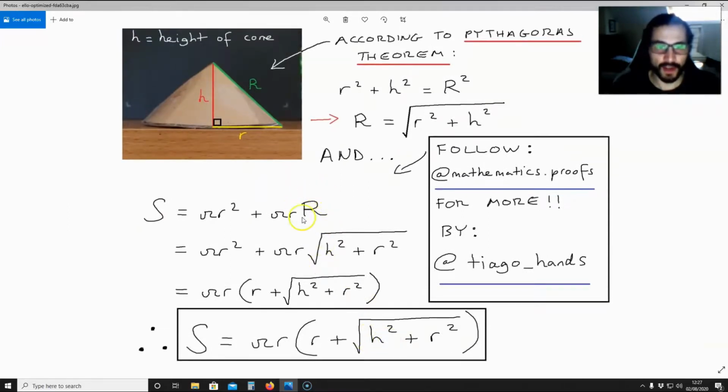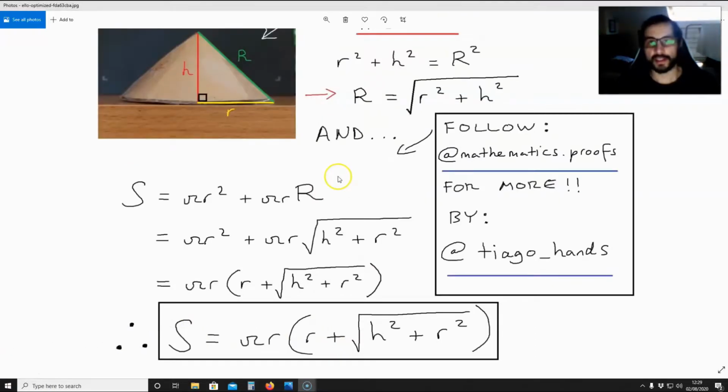We get this value of big R over here, which is the square root of r squared plus h squared, and we plug it into this equation over here, and we end up getting the final formula. So I'm just going to show you how to do this so that we can complete this proof. Okay, so we're getting the value of big R, which is this over here.